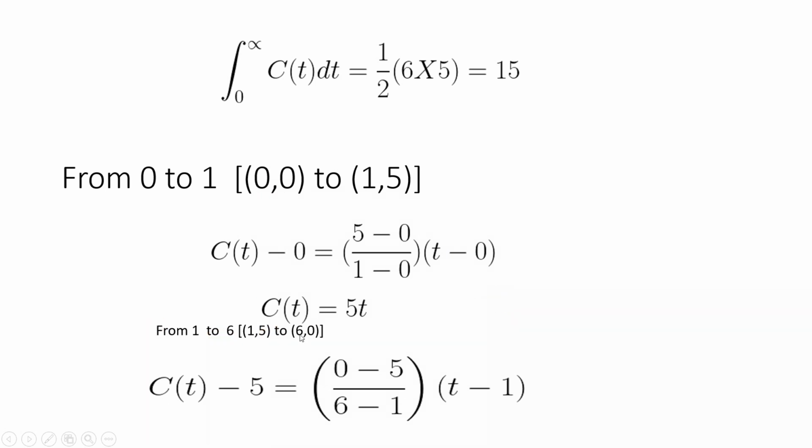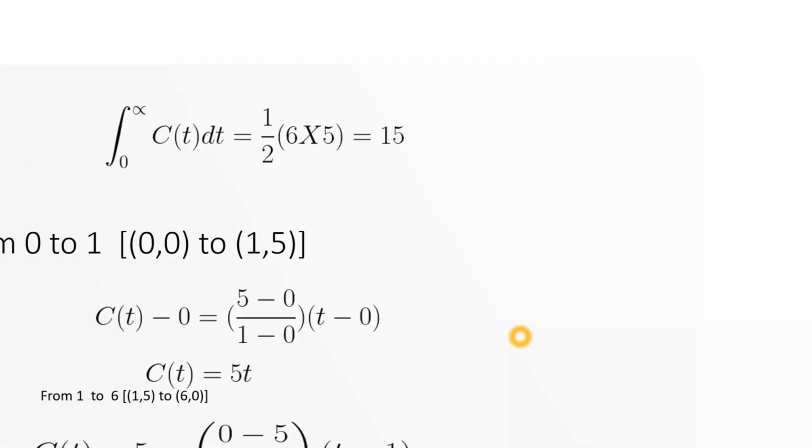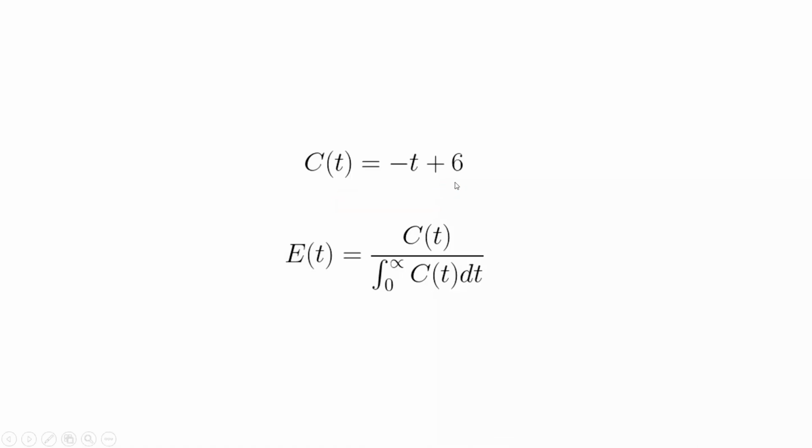From 1 to 6 we need to calculate the second function, from the point (1, 5) to (6, 0). Again using the same formula, we get Ct = minus t plus 6. And we know that Et is equal to Ct upon the integral from 0 to infinity of Ct dt.